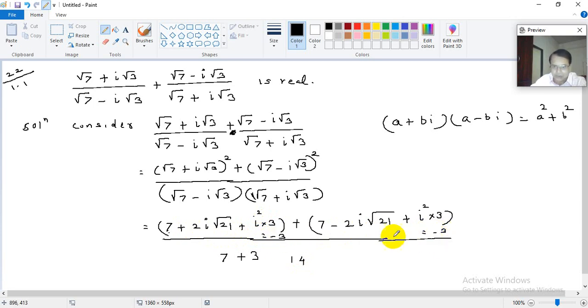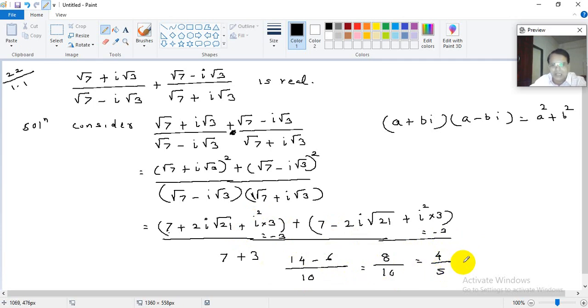You don't need to write this there, I wrote i squared is minus 1 just to explain to you. So this is minus 3, this also is minus 3, so minus 3 plus minus 3, so minus 6, and upon 7 plus 3 which is 10, so it is now 14 minus 6, so it is 8 upon 10, which is 4 upon 5.